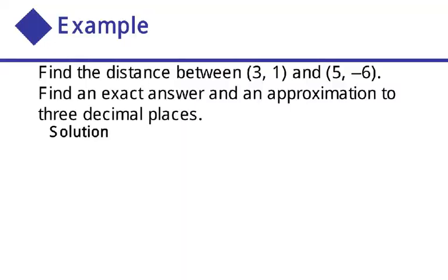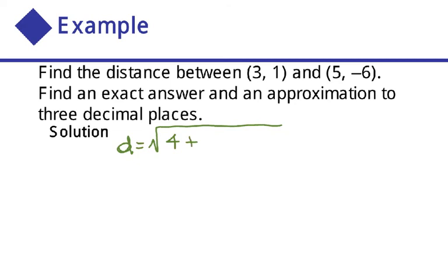So the distance between these two, well, we have the distance equals the square root of. What is 5 minus 3? It's 2 squared is 4. So that's x2 minus x1 squared, 4. y2 minus y1.